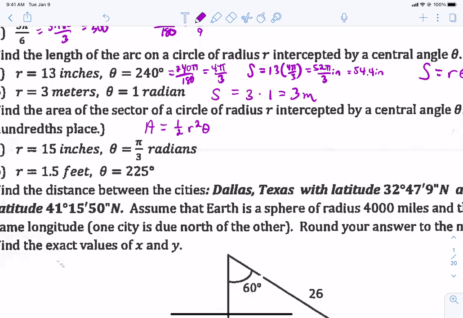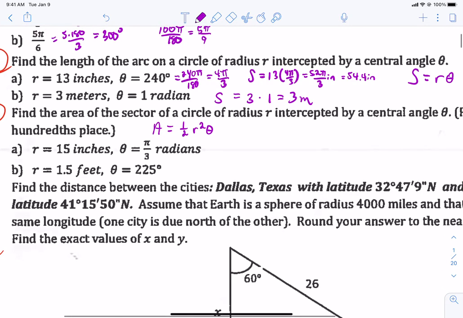Okay, so let's do part A. So the area is going to be 1/2 times 15 squared times pi over 3. Now, because they mentioned pi over whatever, that is a good indication that you're going to use 3.14. So when they say that, use your 3.14.